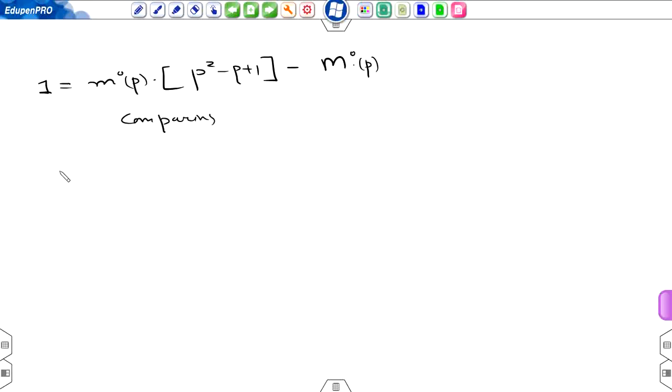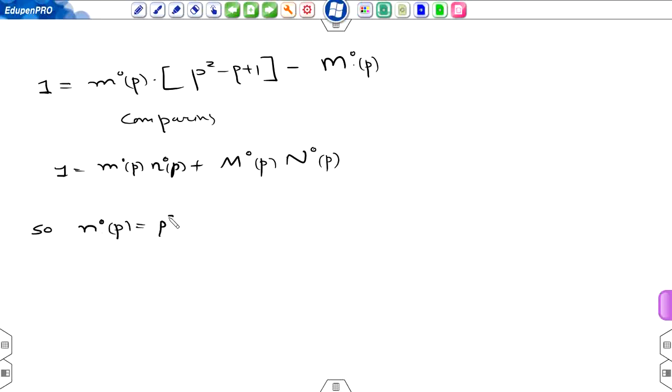Okay, comparing this with equation 1 is equal to small m0p, small n0p plus capital M0p, capital N0p. So small n0p is p square minus p plus 1 and capital N0p is minus 1.